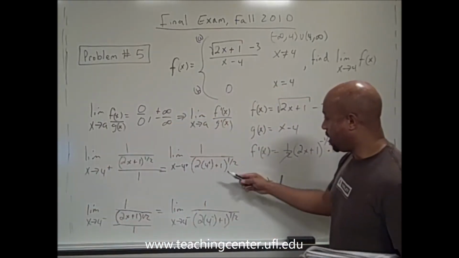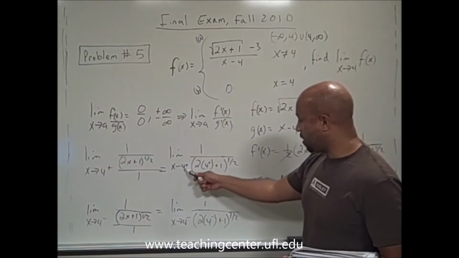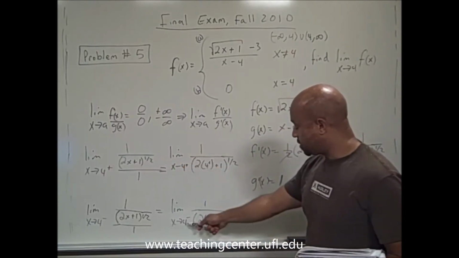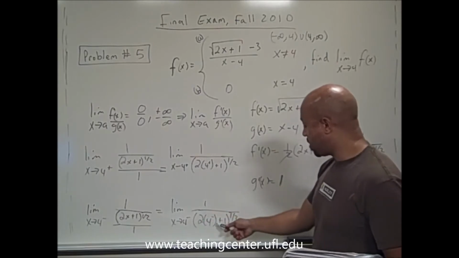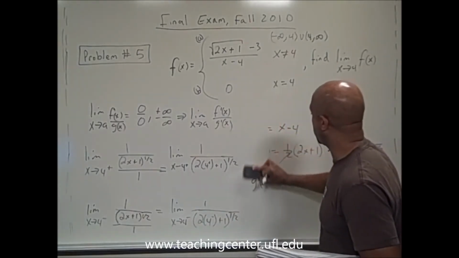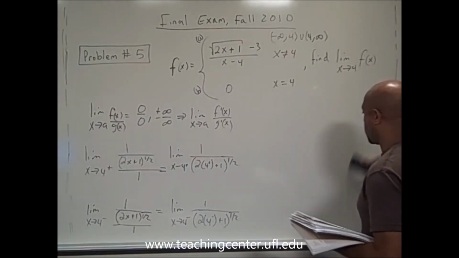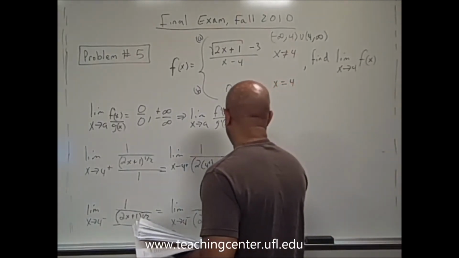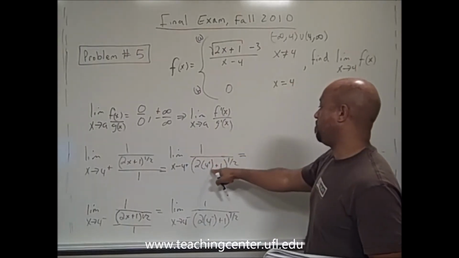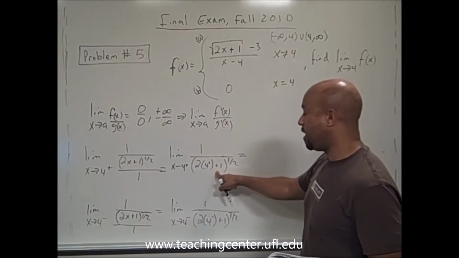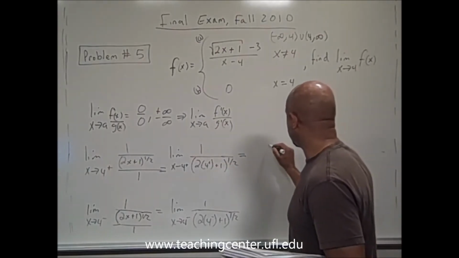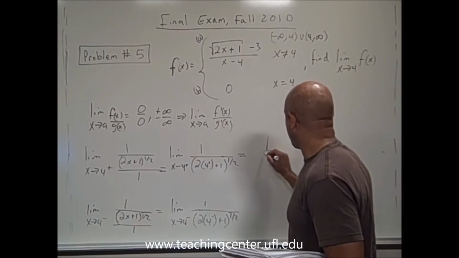Okay, so in this particular one, all I did was substitute in a number that's slightly greater than 4 for x, and I substituted in a number that's slightly less than 4 for x in this particular limit. And when we evaluate this, we're going to get 1 over 2 times 4 is 8 plus 1 is 9. The square root of that is 3, but it's going to be slightly greater than 3. So the answer is going to be 1 over 3.